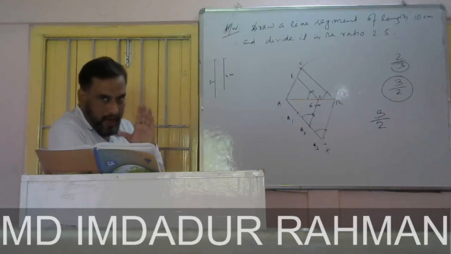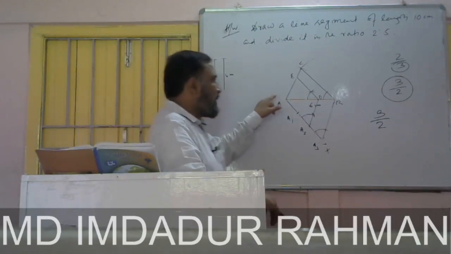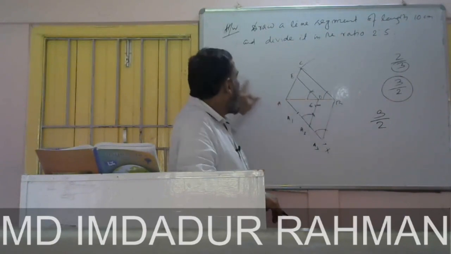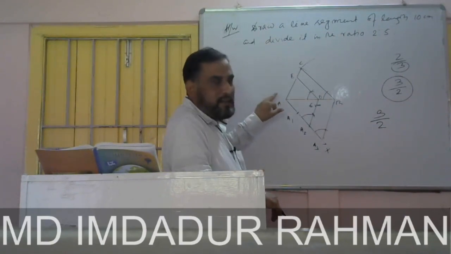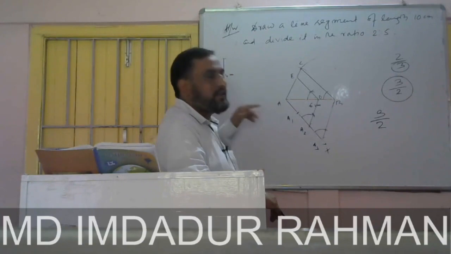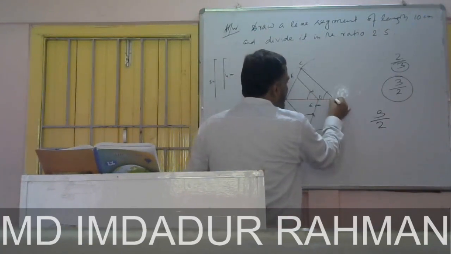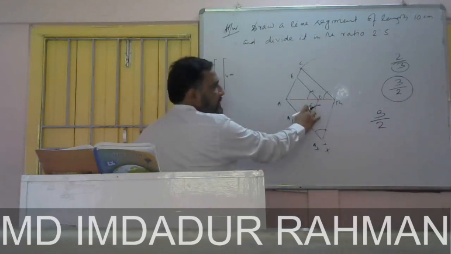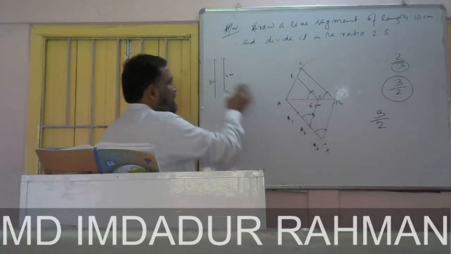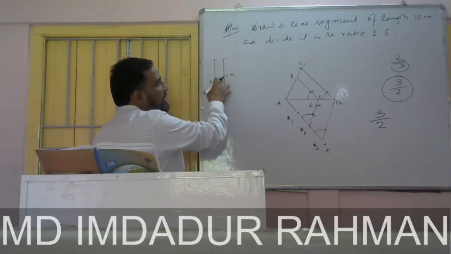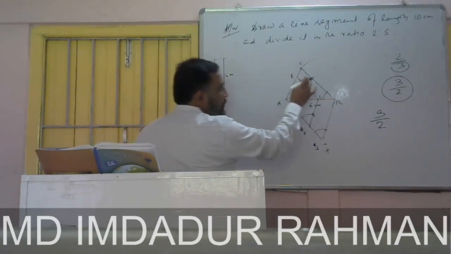Again repeating, at first we have to draw a triangle of the given sides 6 cm, 5 cm and 4 cm. So we have drawn a line segment AB of length 6 cm and the other 2 sides here. We have to copy this length and put it there.